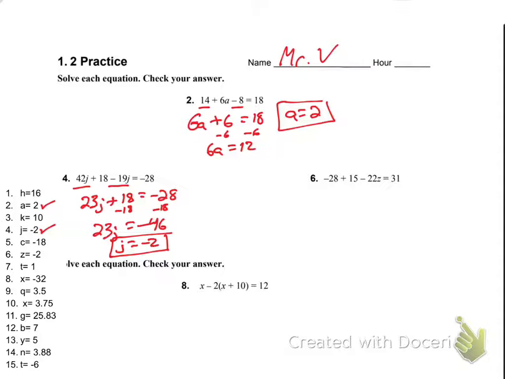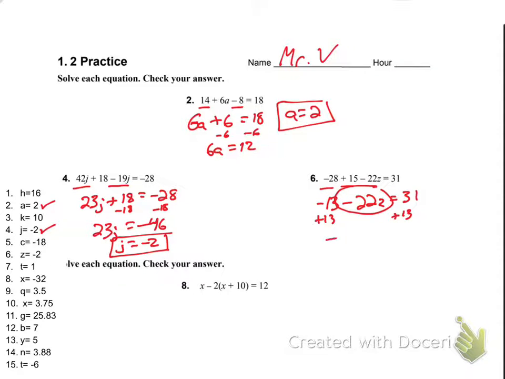All right, I'm going to combine these two right here. Those are my common terms. So negative 28 plus 15 is going to be negative 13 minus 22z is equal to 31. I'm going to add 13 to both sides. So remember, watch your negatives, right? So watch right here.